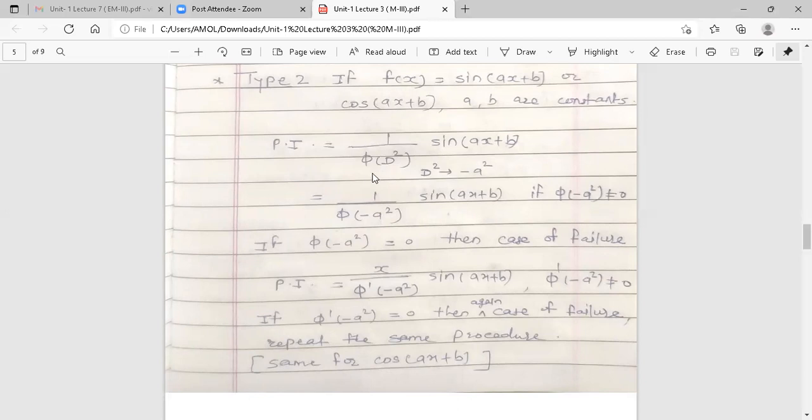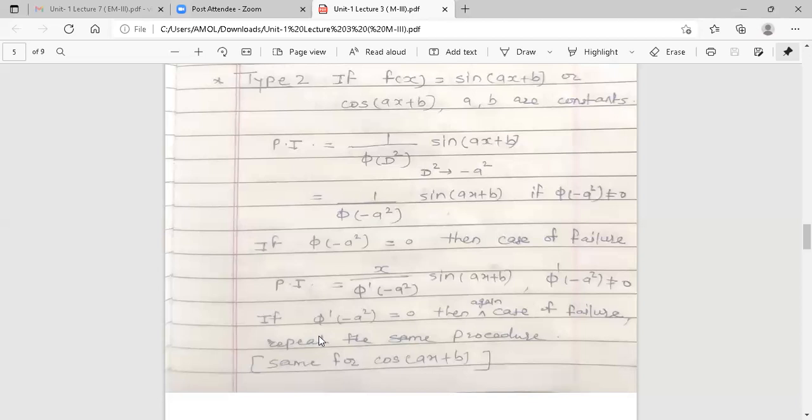After finding the derivative, you replace the terms of D square by minus a square into sine of ax plus b. Again, the condition is that phi dash of minus a square must be non-zero. If phi dash of minus a square is equal to 0, then again it is the case of failure, and then you repeat the same procedure.